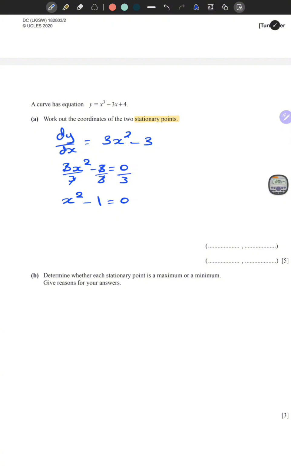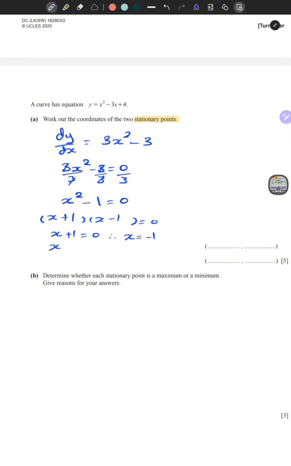To solve it, as we have learned earlier, it will be 2 brackets equal to 0: x plus 1 and x minus 1. So solving this, x plus 1 equals 0, therefore x is equal to -1, and x minus 1 equals 0 will give us 1.